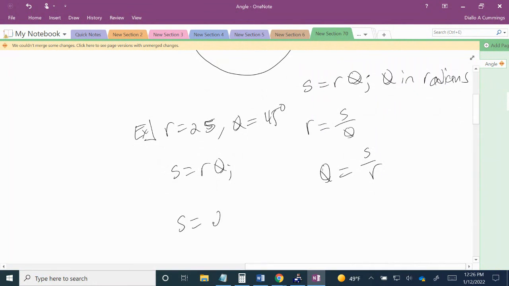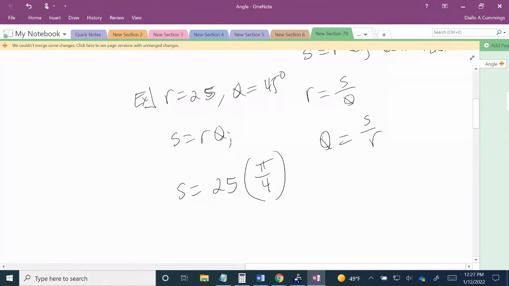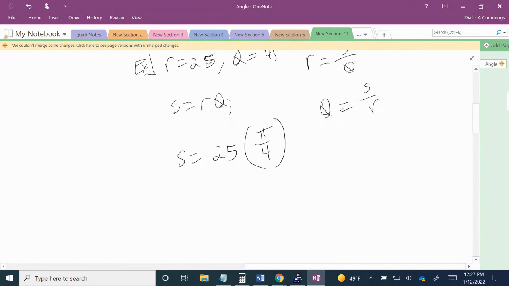So S is equal to R, which is 25, times our central angle measure, 45 degrees. From a previous calculation, we found that 45 degrees is pi over 4 radians.